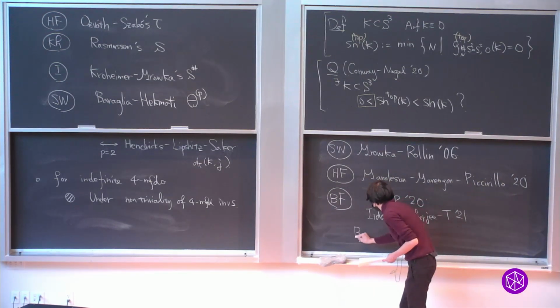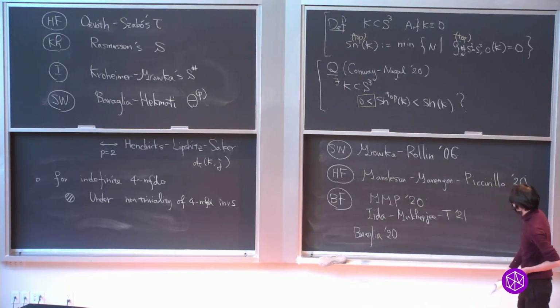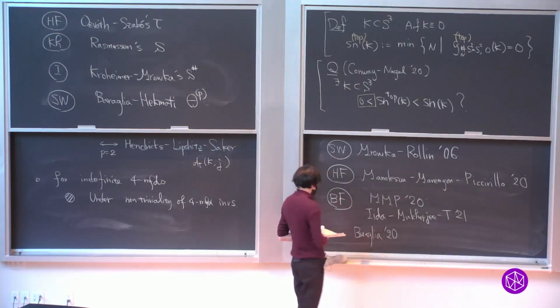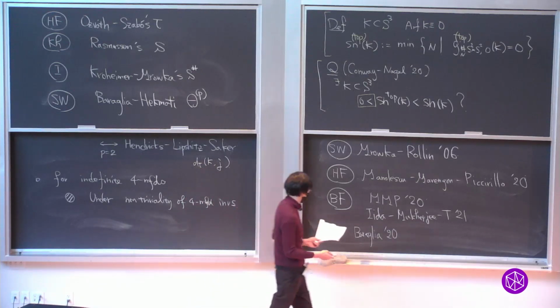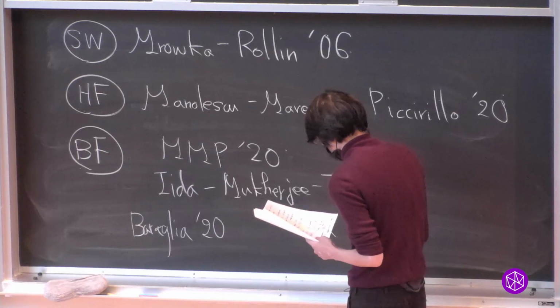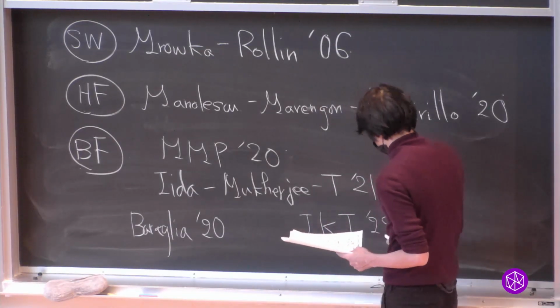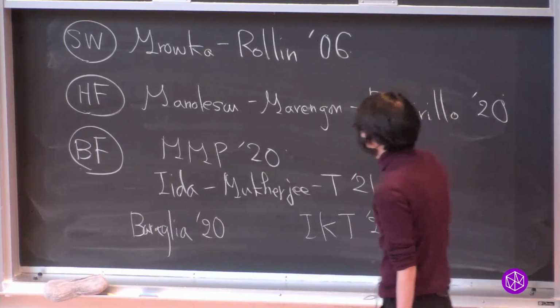And also, by using the Bauer–Furuta invariant with a double branched cover construction, Baraglia gave the genus bounds for quasi-positive knots. And again, in joint work with Ida and Konno, we provided the generalization of the Ida–Mukherjee–Taniguchi inequality.